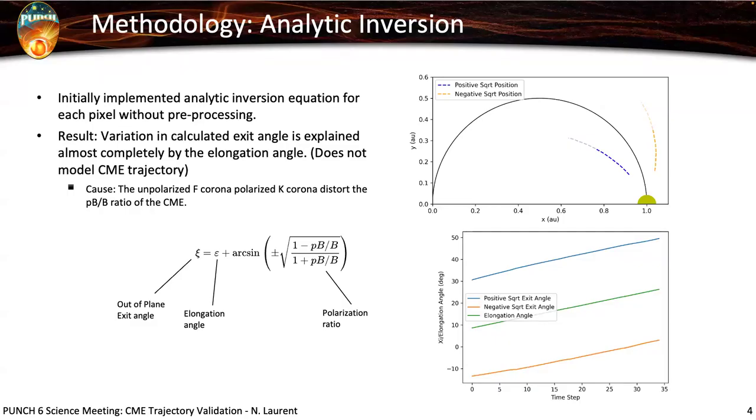And the cause of this is the unpolarized F corona and polarized K corona, which distort the PBB ratio and prevent us from getting good data. And what shows that is the elongation angle explains the variation in the positive and negative square root calculations. So the polarization ratio remains mostly constant along the path of the CME.